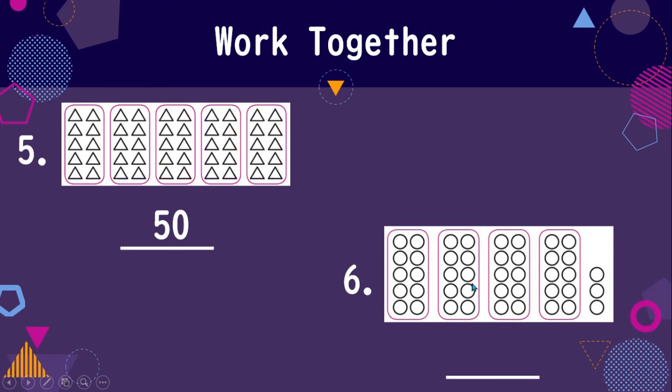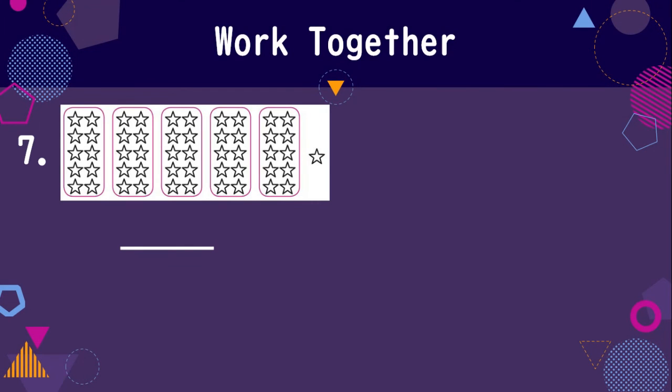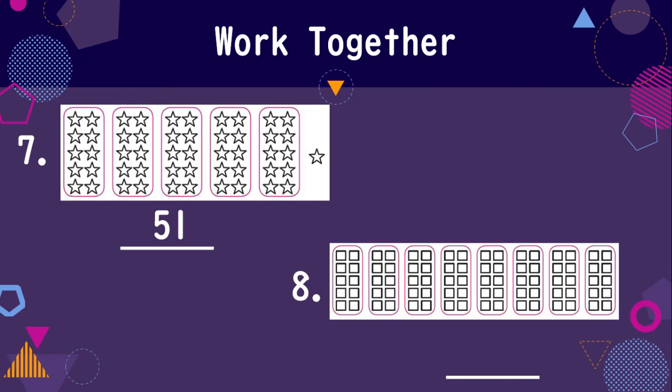So we have 4 10's or 40 and then meron tayong sobra na tatlo which is for 3 1's. So we have 43. Very good. Number 7, 51. And for number 8, we have 80. Very good.